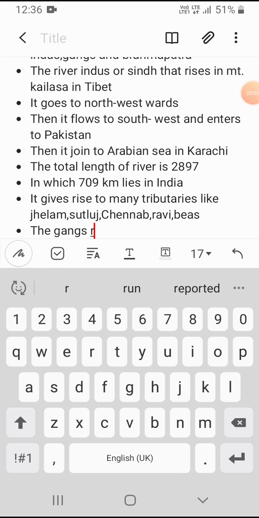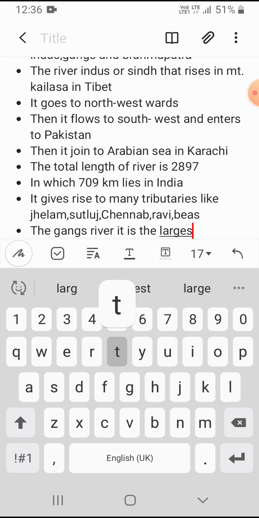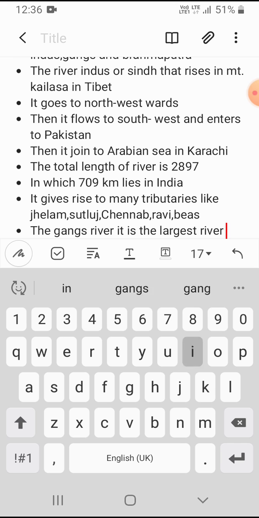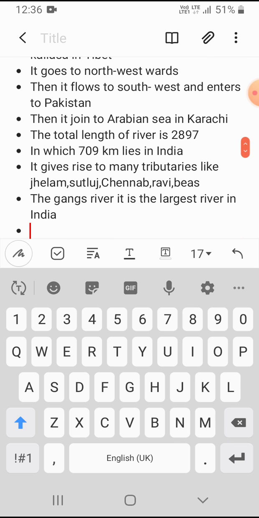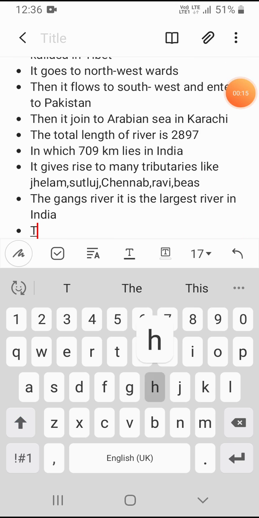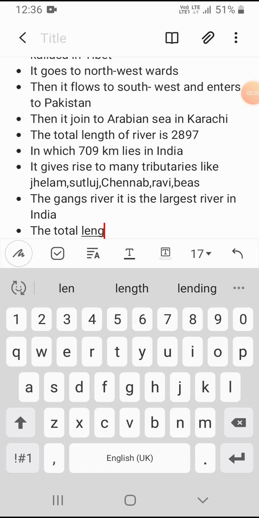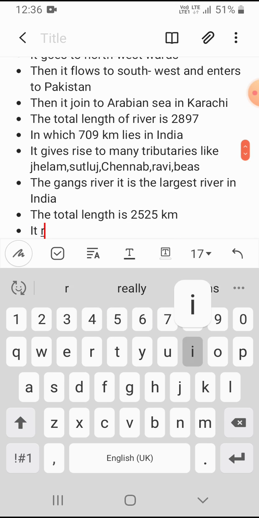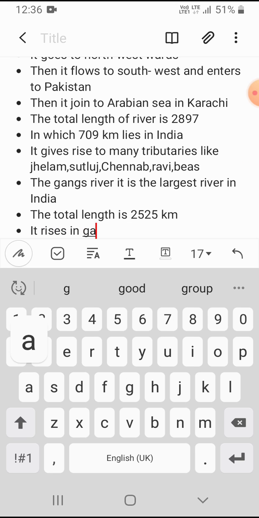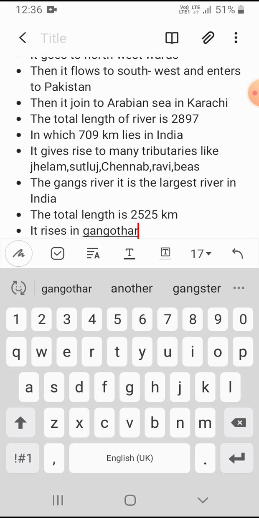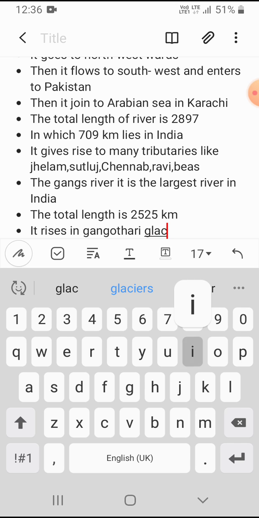The Ganga River is the largest river in India. The total length of the Ganga River is 2525 kilometers, and it rises in Gangotri Glacier.